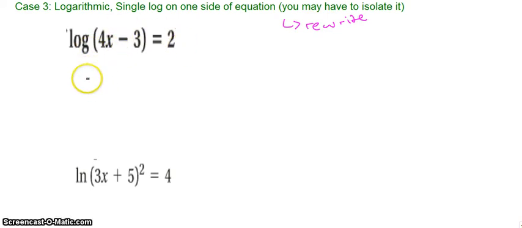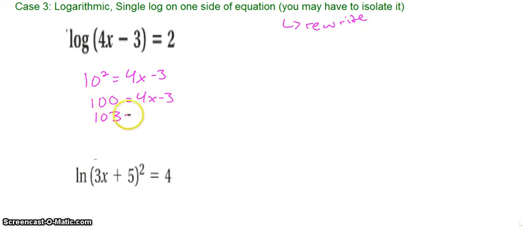So in this case, my base is 10, so 10 squared equals 4x minus 3. So I've got 100 equals 4x minus 3. And then you just have a two-step equation. Add the 3, divide by 4, and x equals 25.75.